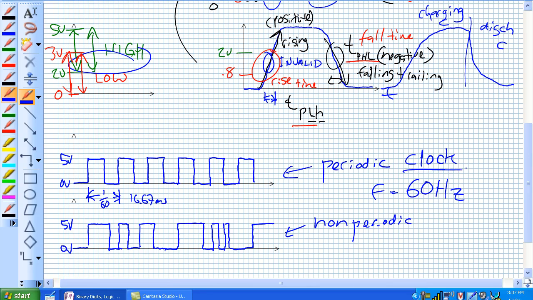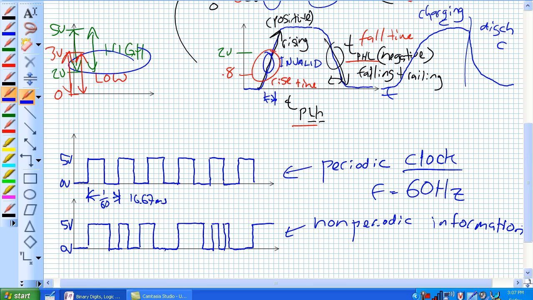And clocks are very important in digital systems because they are used to synchronize the activities of everything. We'll talk about how clocks are important a little bit later. But right now, this non-periodic waveform is often represented as information. And that's your codes that are being transmitted.